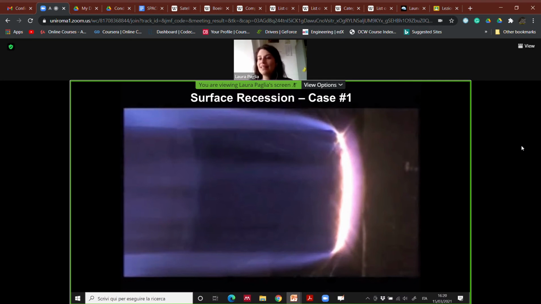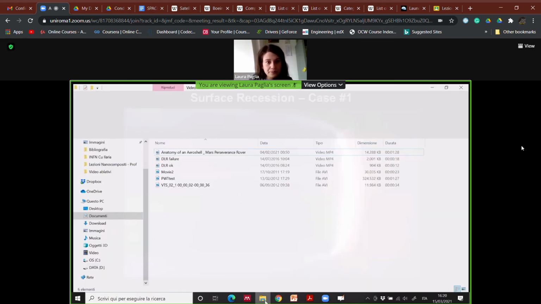And in this case, we manufactured another kind of carbon phenolic ablator with a lower density compared with the one we saw previously, 300 kilograms per cubic meter. And we tried to test this material at two different heating fluxes. We observed this phenomenon. Okay.